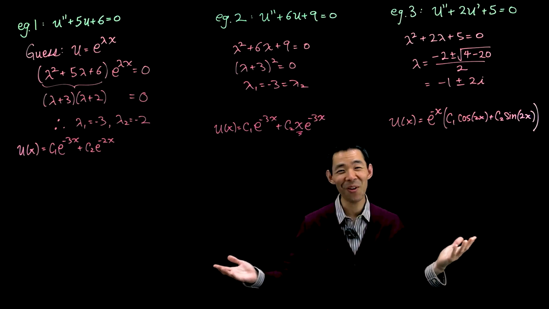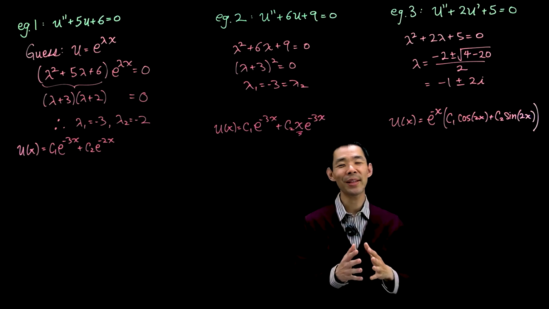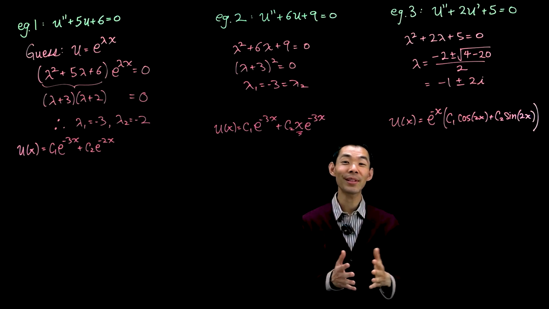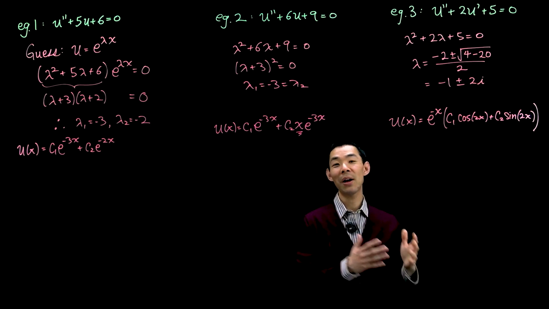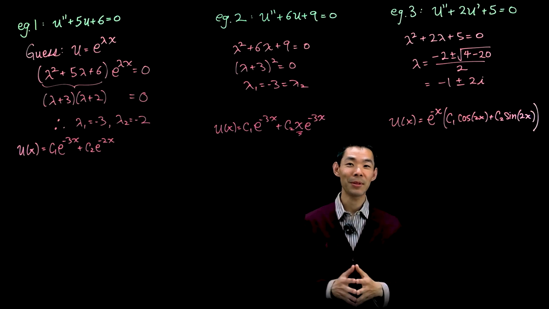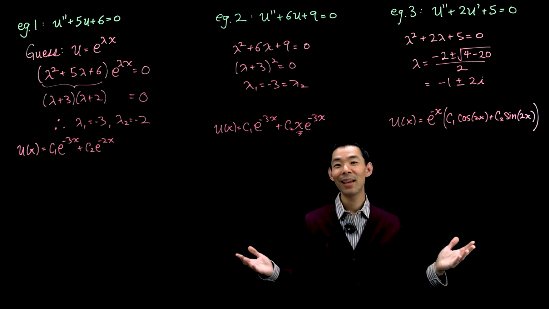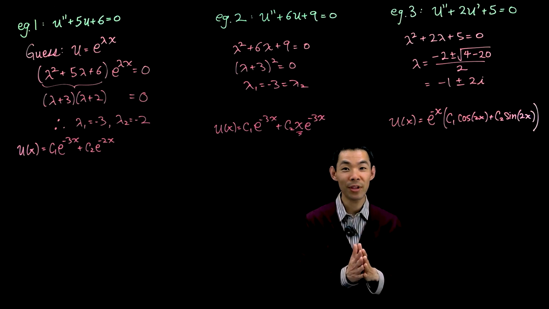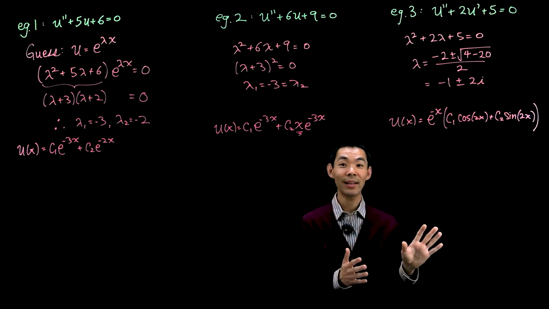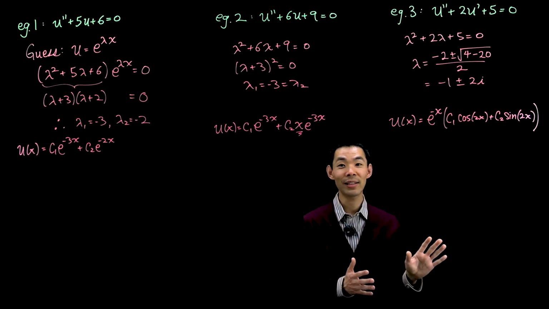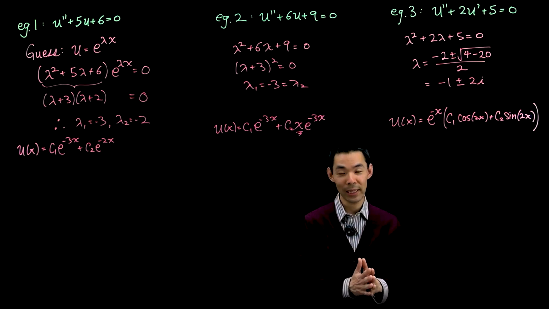It's pretty straightforward. You just find your characteristic equation. You solve an algebra problem to find your roots, lambda 1, lambda 2. Based on the nature of lambda 1, lambda 2, you write down your three different types of solutions. That's it. And at this stage, you know everything you need to know about solving homogeneous equations. In other words, when the right-hand side, the non-homogeneous term, is not present in the linear second-order constant coefficient ODE.